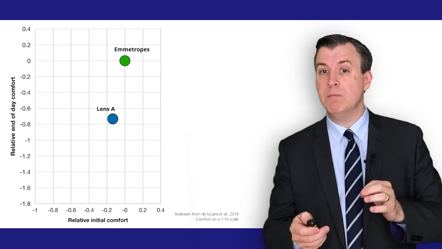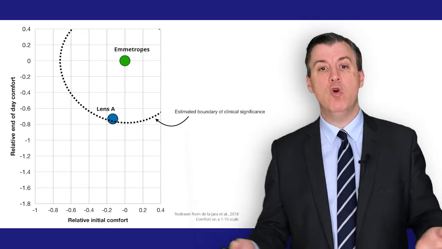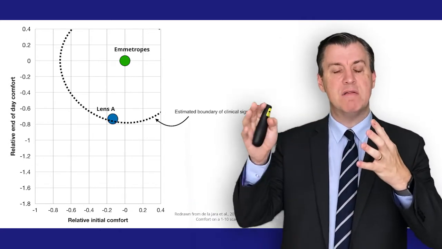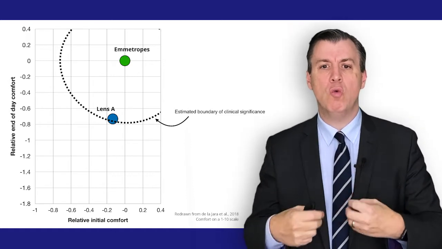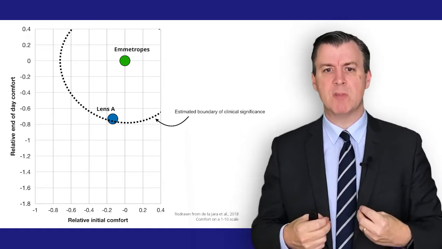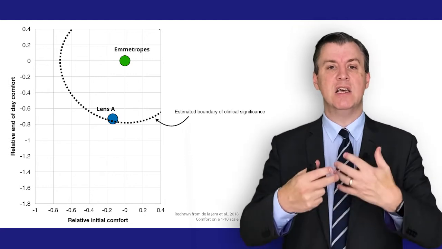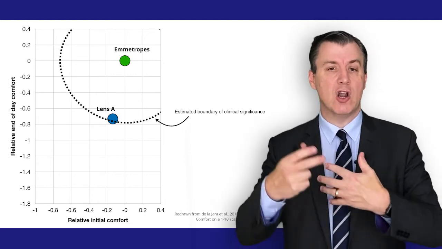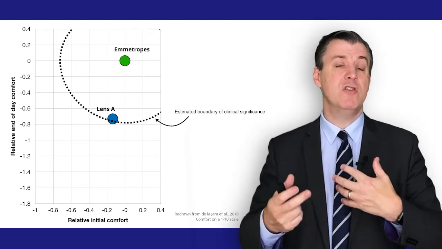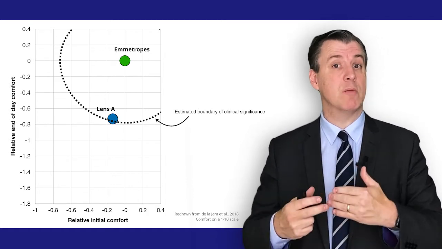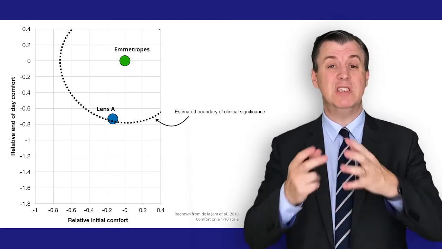Well, what's important is that they found this limit for clinical significance. So anything that's inside that dotted line, and close to the emmetropes, is really no difference in comfort for that particular product versus the emmetrope. So this is an average score.